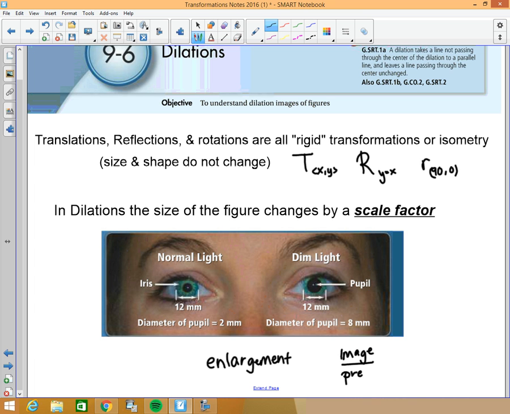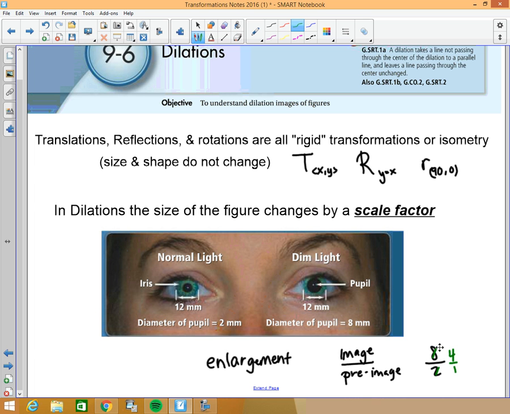If you remember which one's which, the pre-image would be before the transformation and the image would be after. So the diameter before is going to be 2 and the diameter after was 8. So our scale factor is 8 to 2, which we know actually will reduce to 4 over 1.